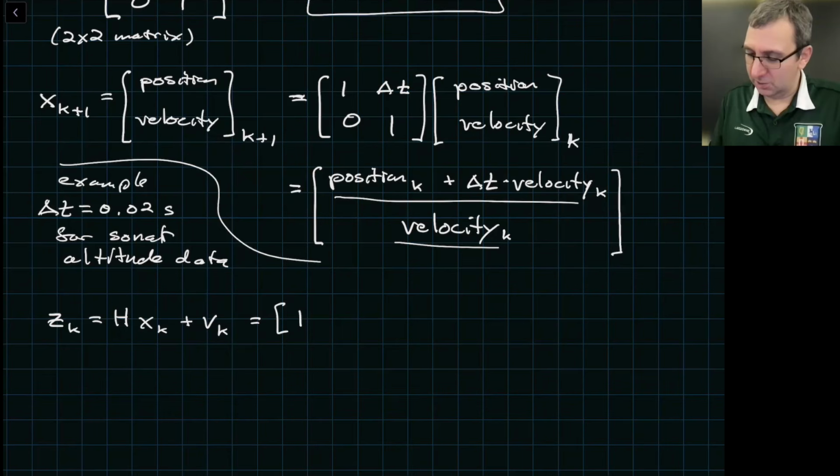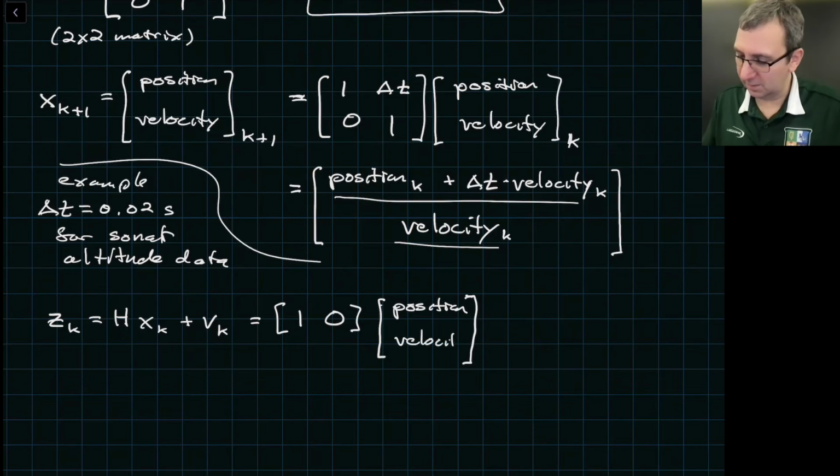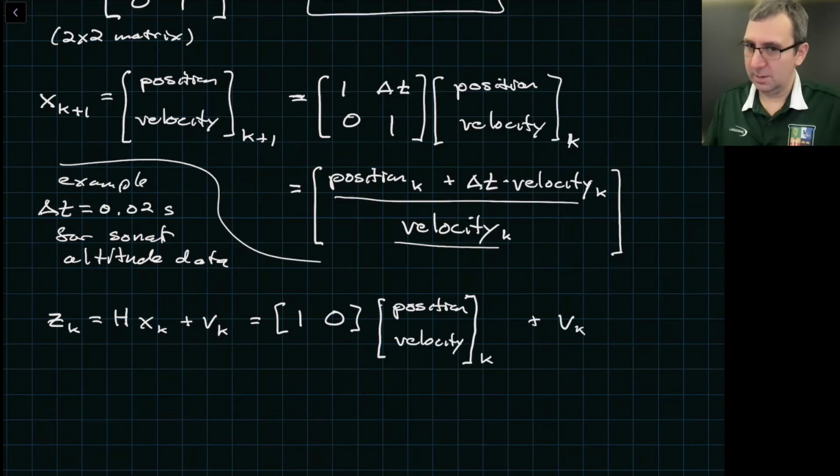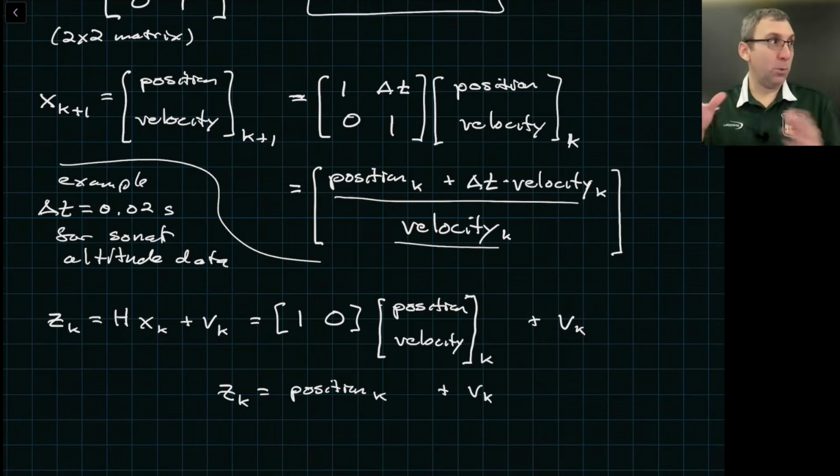I said H is 1, 0 as a row vector times position and velocity, both at time k, plus some noise. If I do that matrix multiplication, what do I get? I just get position back, because I know that I'm measuring position.